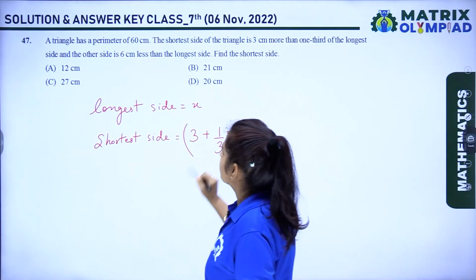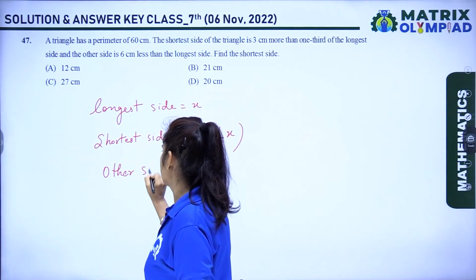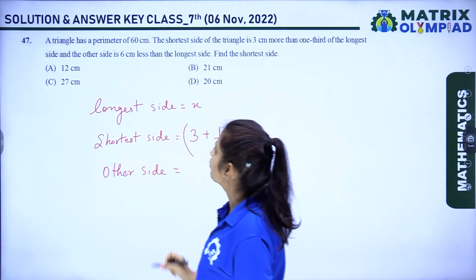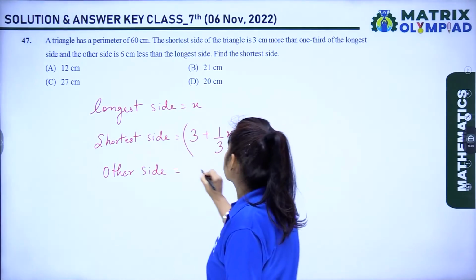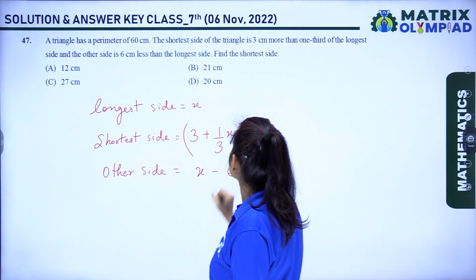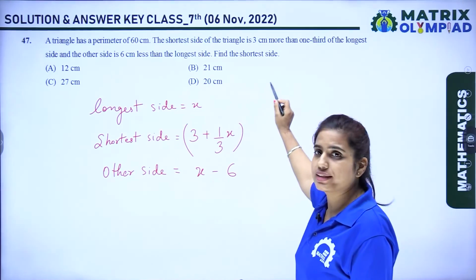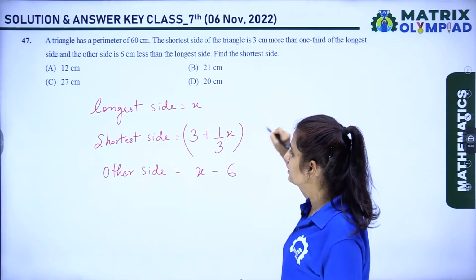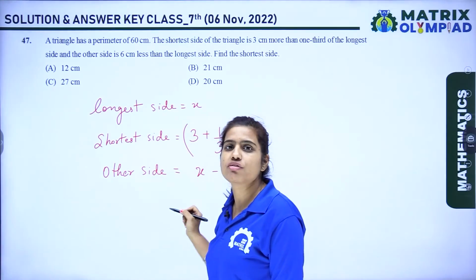This is the shortest side, and the other side is equal to 6 centimeter less than the longest side. So we can say that x minus 6. Now we have to find out the shortest side. To find out the shortest side, we have to find out the value of x.